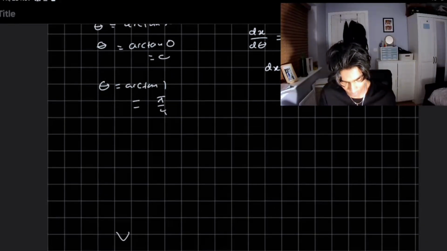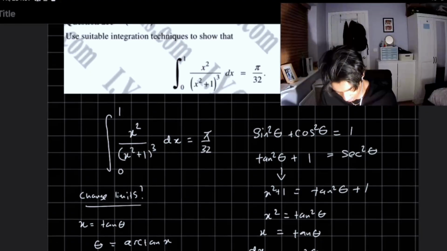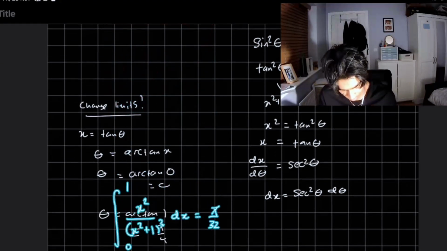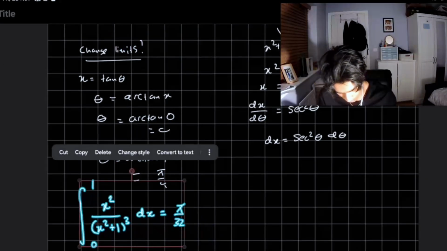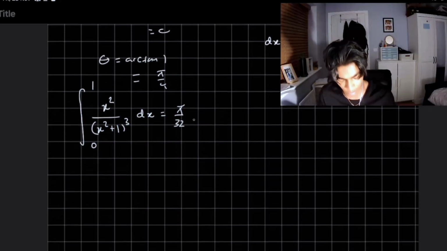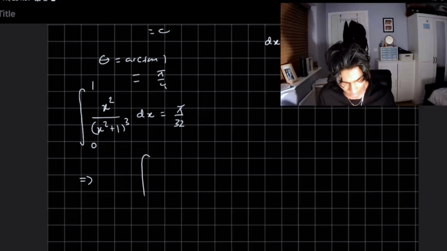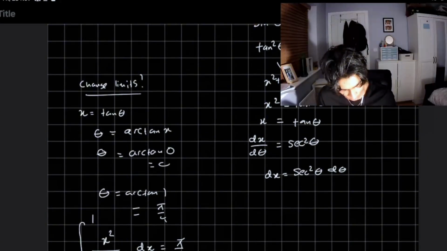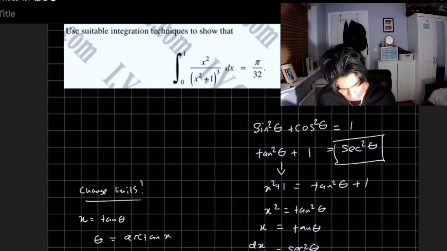So we can rewrite this. x squared is just tan squared theta, and the new limits are 0 and pi over 4. And then sec squared theta can be x squared plus 1, tan squared plus 1.